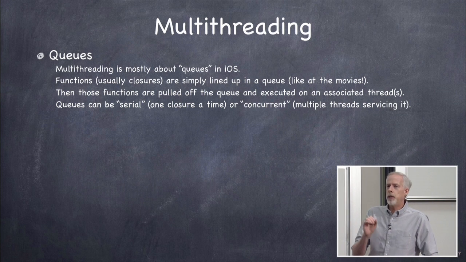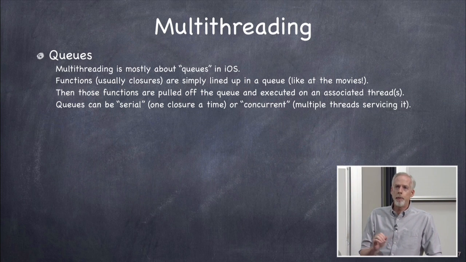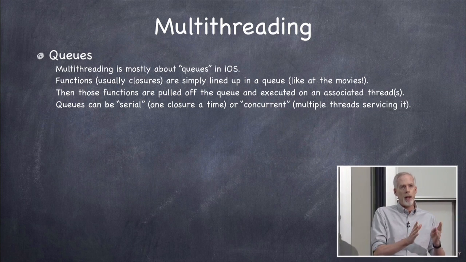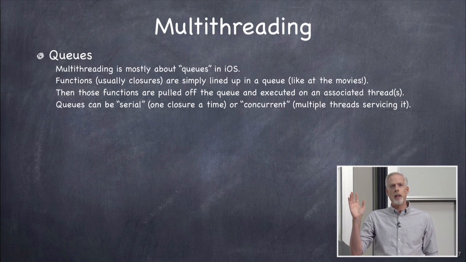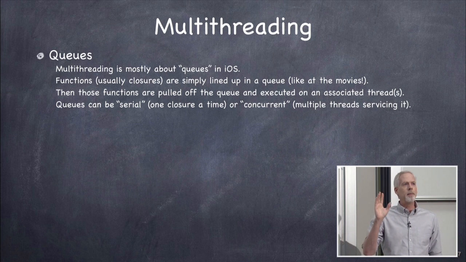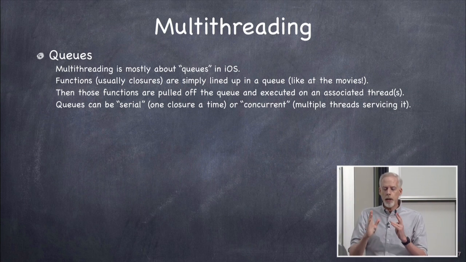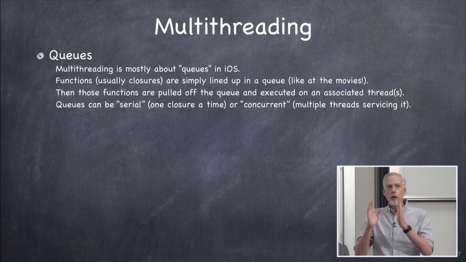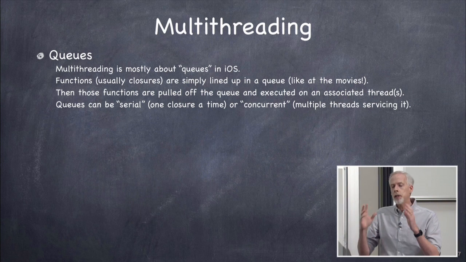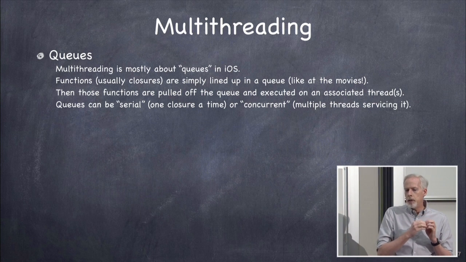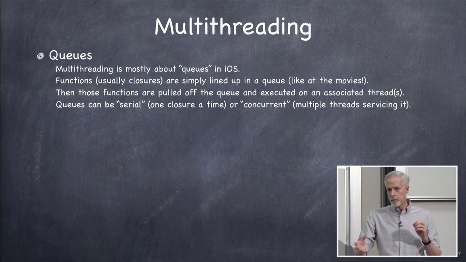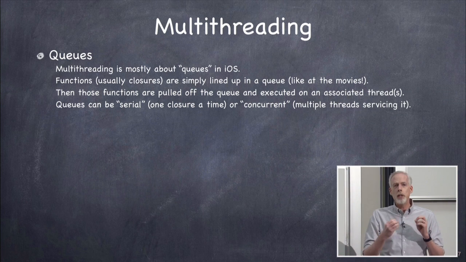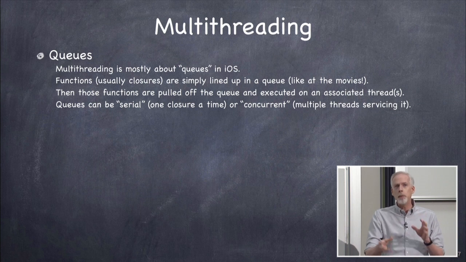The second reason that you might want to do multi-threading is because you have one thread. By the way, does everyone know what a thread is? Raise your hand if you know what a thread is. Okay, I see some people saying, yeah, remind me. Okay, well, a thread is short for thread of execution. It is the process through which code is executing, that could conceivably be separated where you have multiple of them.